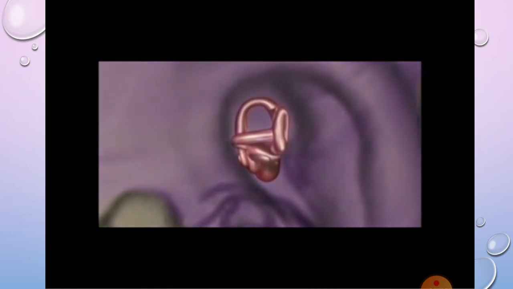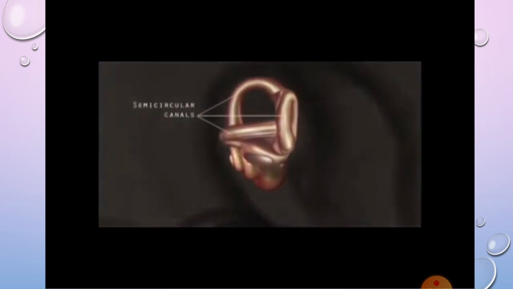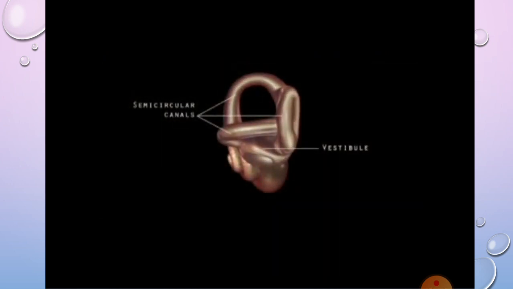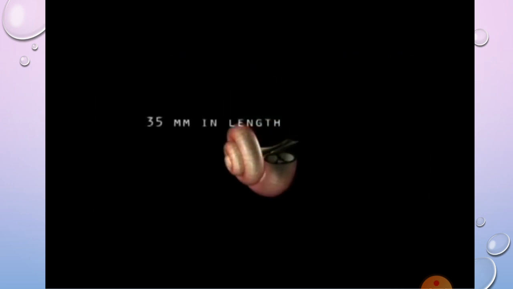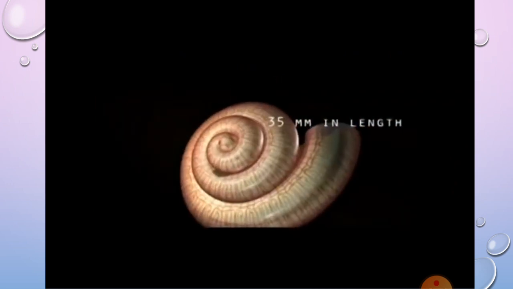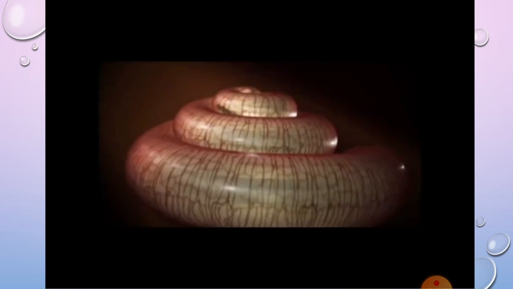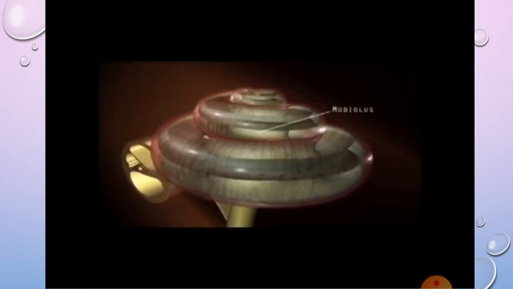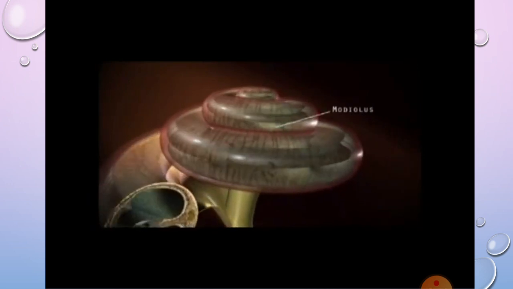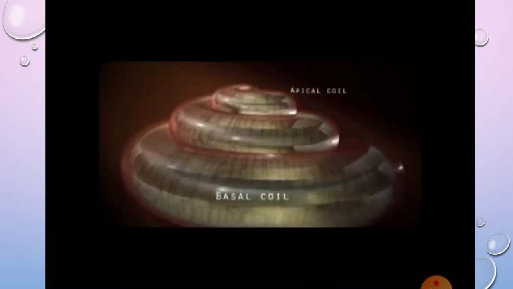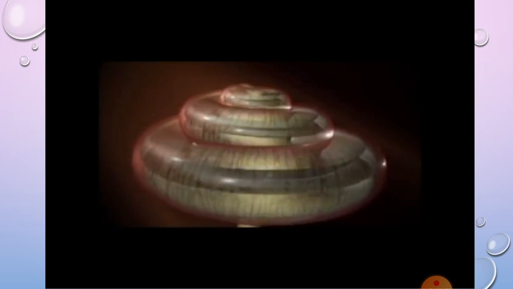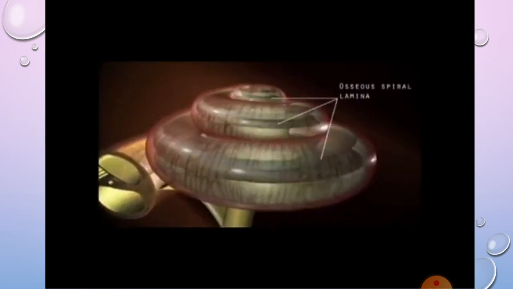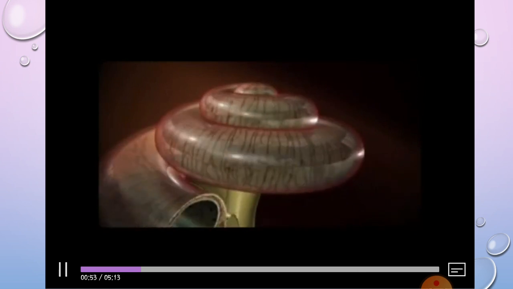Now let's have a look at the cochlea, the semicircular canals, the vestibule. The cochlea is 35 millimeters in length, and it is like the shell of a snail, as you can see. This is the basal coil, the apical coil, osseous spiral lamina.